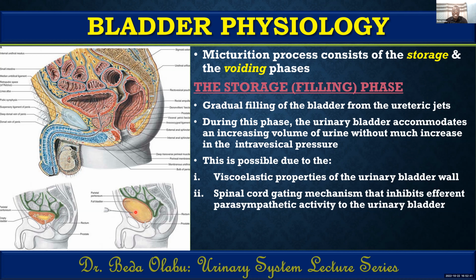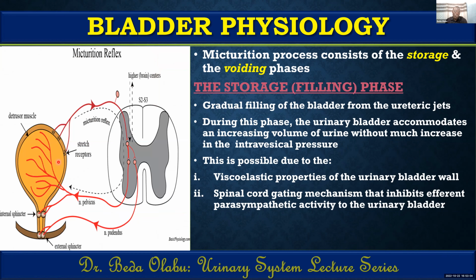We call that one the gating mechanism. So these signals cause inhibition, especially of the parasympathetic efferents from those segments to the urinary bladder. And so that helps to prevent the contractions. Therefore, the pressures are not elevated as much.